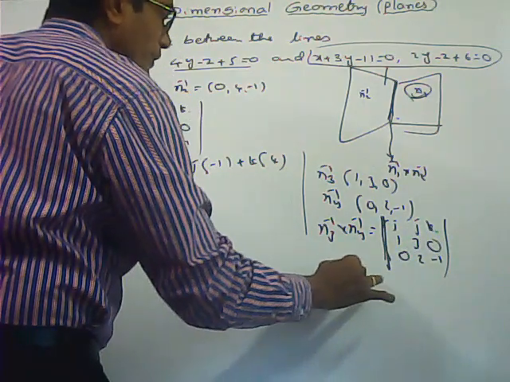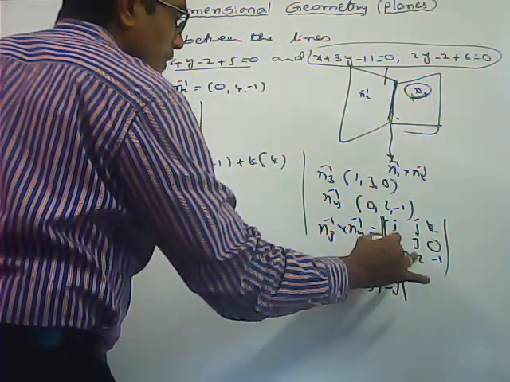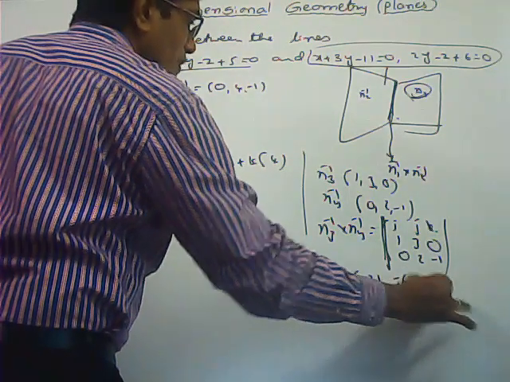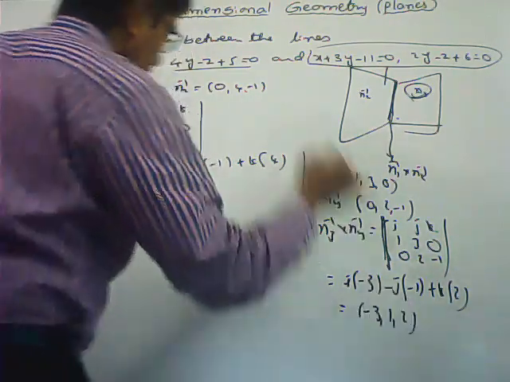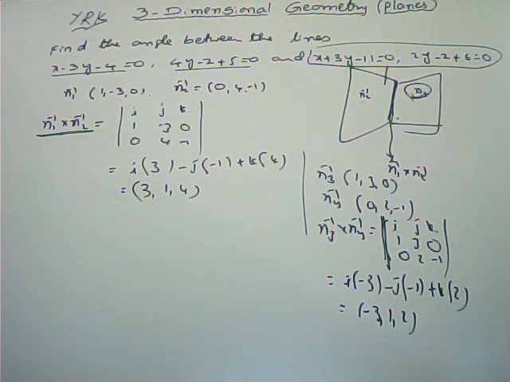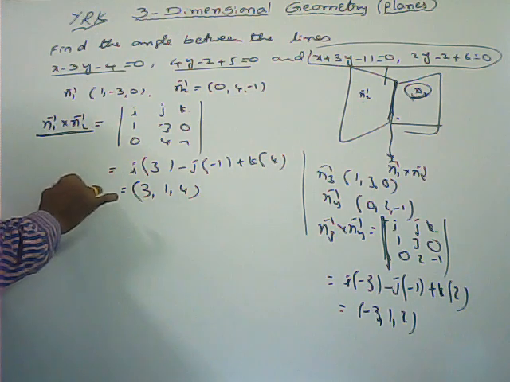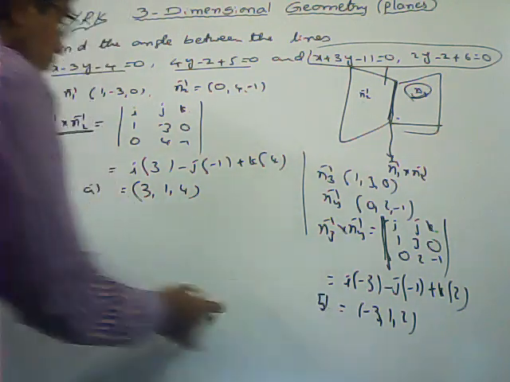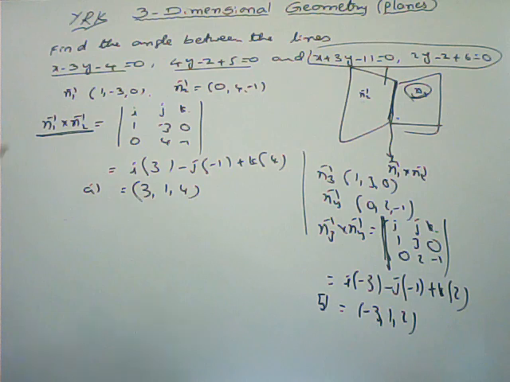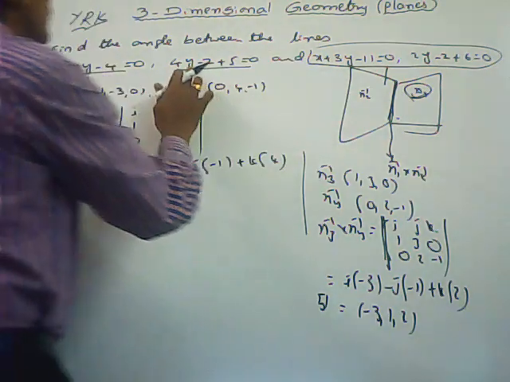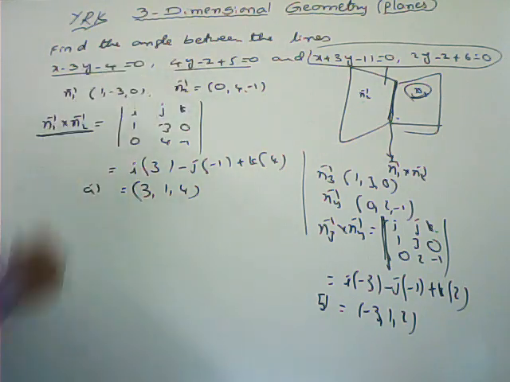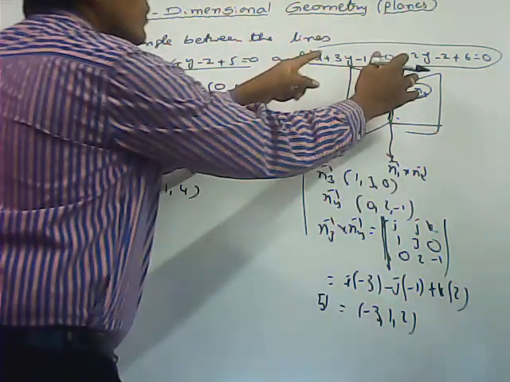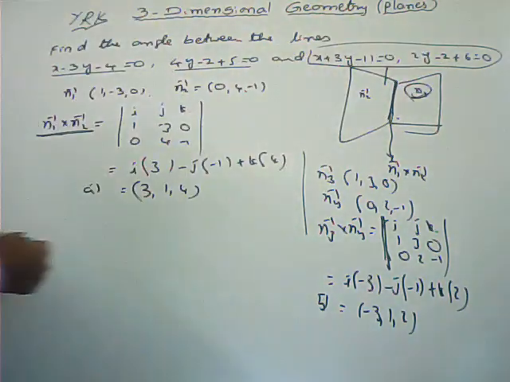That is equal to i into minus 3 minus j into minus 1 plus k into 2. So we got minus 3, 1, 2. Now I take the first as A bar and this one as B bar. These are the direction vectors of the lines of intersection of these two pairs of planes.